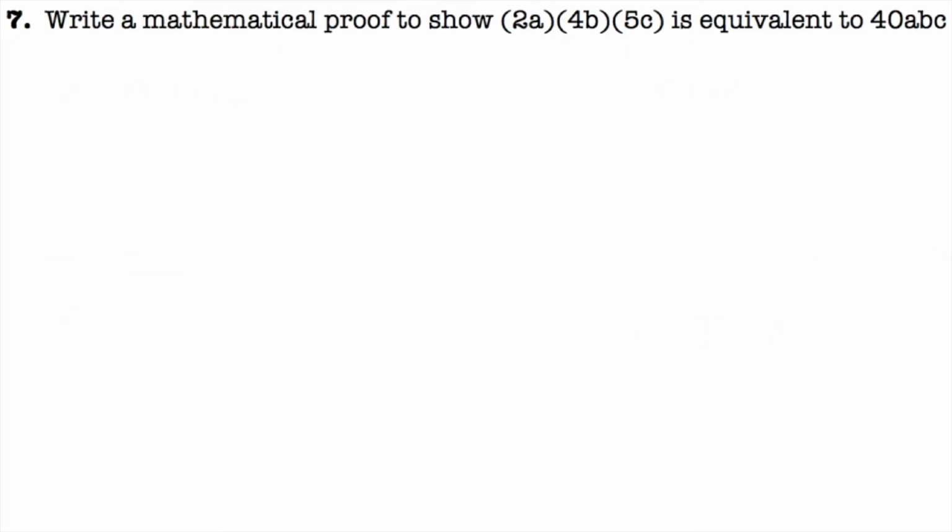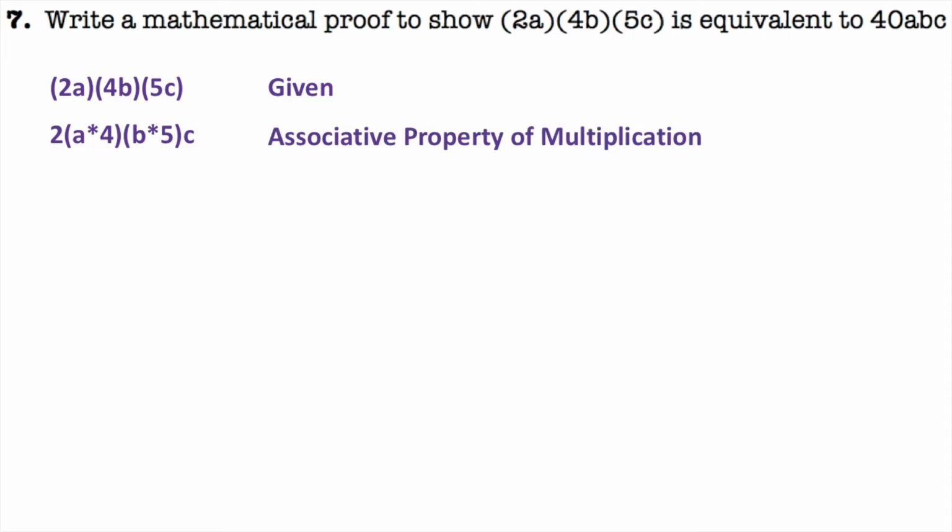All right, moving on. Number 7, write a mathematical proof to show 2a times 4b times 5c is equivalent to 40abc. So we start out with 2a, 4b, and 5c, which is the given problem. And then you're going to use the associative property of multiplication to rearrange these so that they're in groupings together.